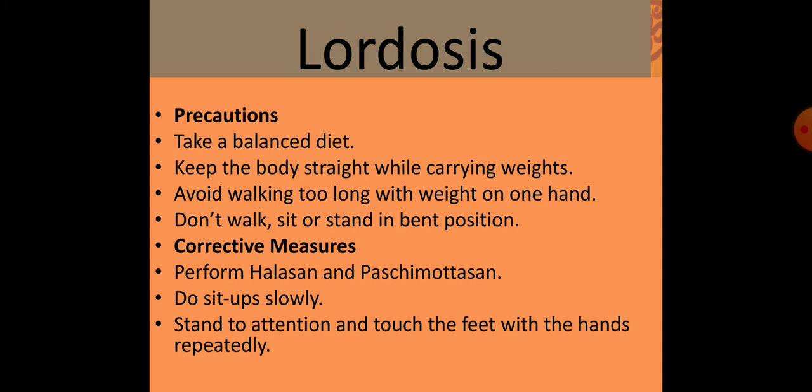This is also known as the Pavan Mukta Asana. Stand in attention position, touch your feet with your hands repeatedly. Or rowing also, the exercise in which we keep our hands up and then come down and touch our toes. So this exercise can be done.